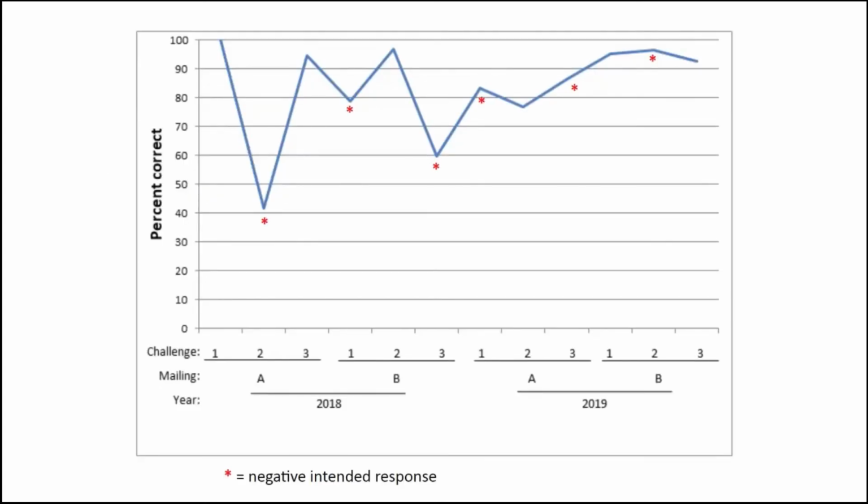The red stars indicate cases with a negative intended result. Performance was sort of erratic at first, but by the end of 2019 had stabilized over 90% correct for that mailing. So this is further evidence from our committee that the proficiency testing model of education does improve performance.